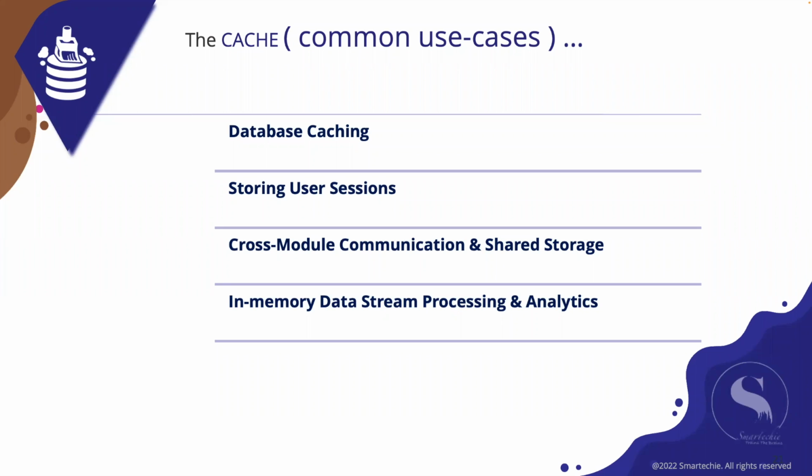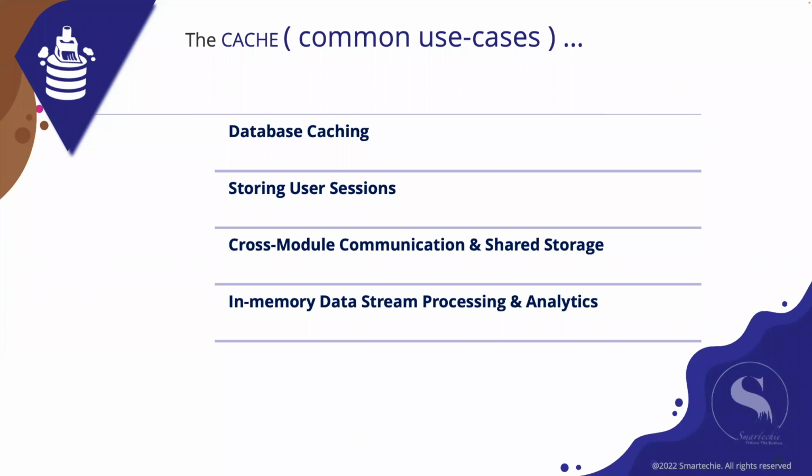It shares the data commonly accessed by all the services. It acts as a backbone of microservice communication. Distributed caching is also often used with NoSQL data stores, and the other one is in-memory data stream processing and analytics.